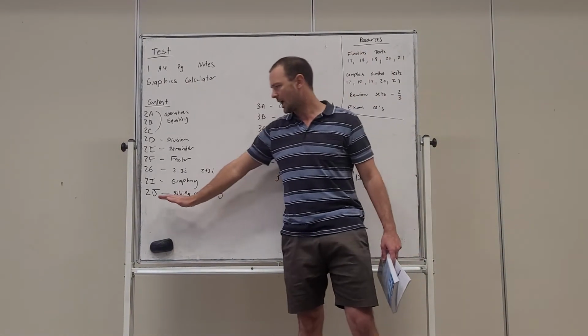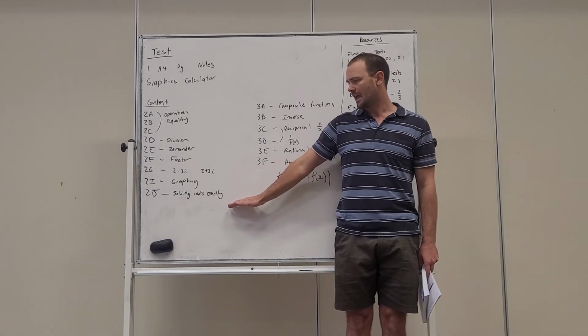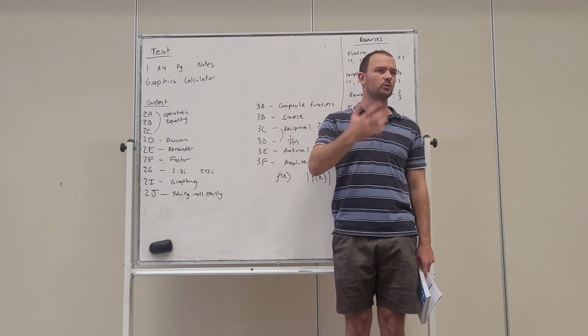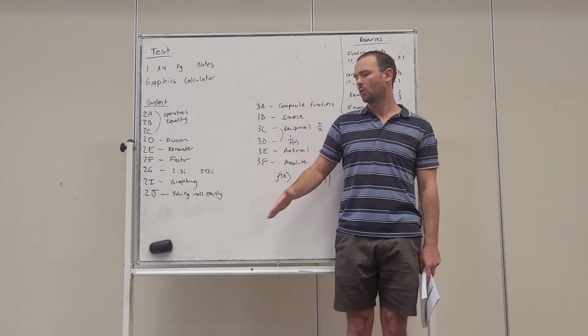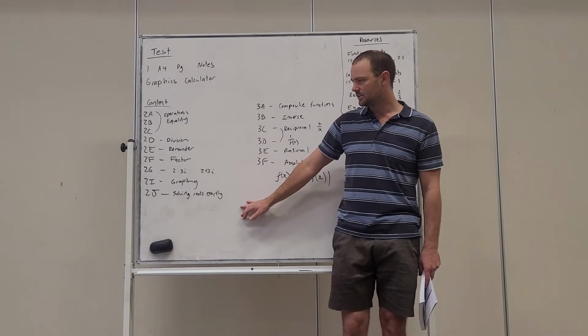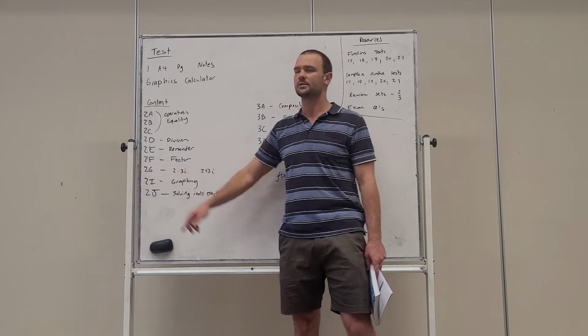And then in 2J, we're using our calculator to inform us of one root and then finding the other roots of the cubic or quartic exactly. We didn't do H and we don't need to. It's not part of the course.